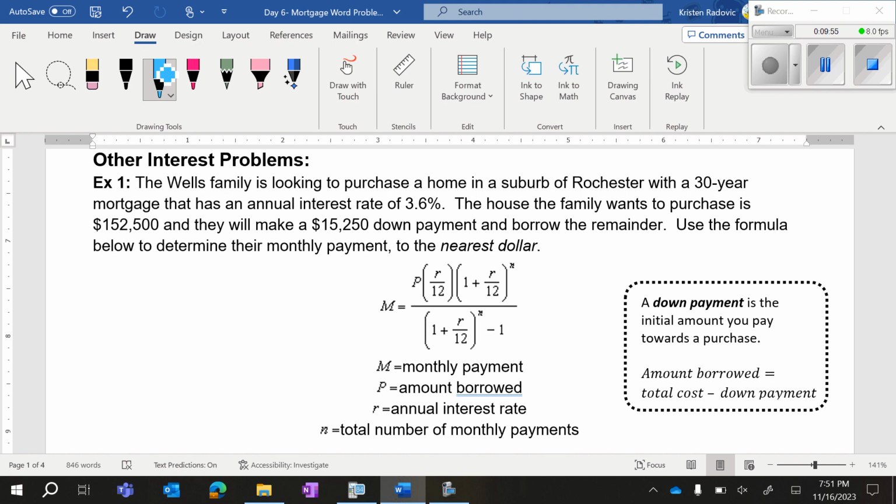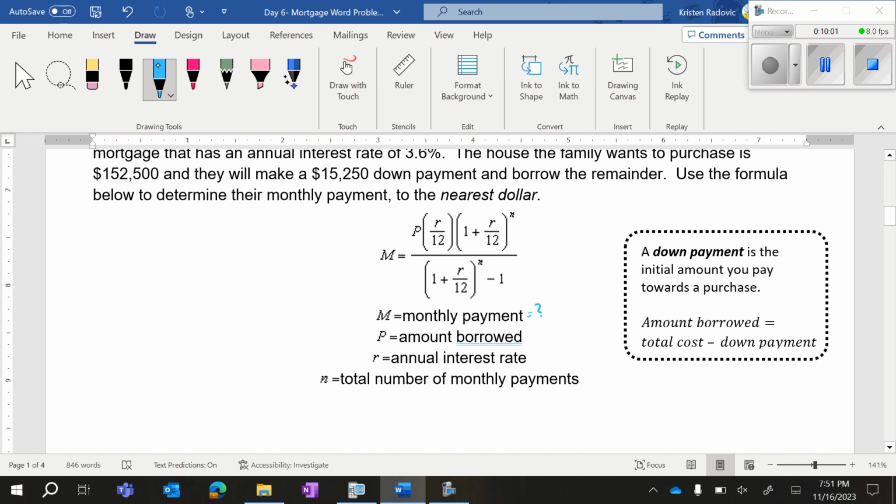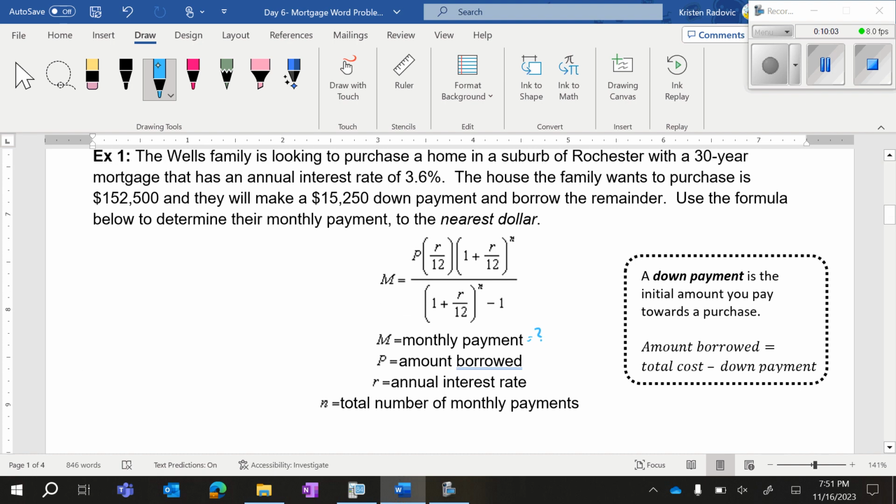Well, we have the total cost of the house, and we have how much we actually have to pay now, your down payment. So if we have 152,000, that's how much they're asking to purchase the house for, and you have $15,250 to pay for it, how much did you actually borrow?